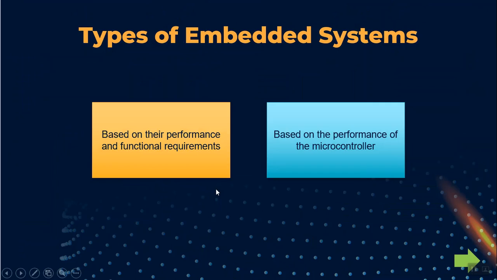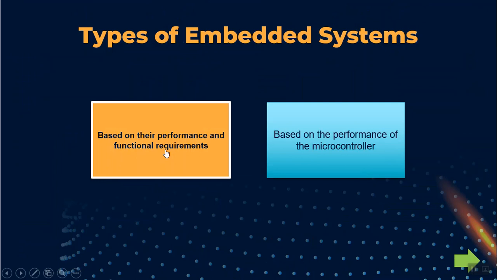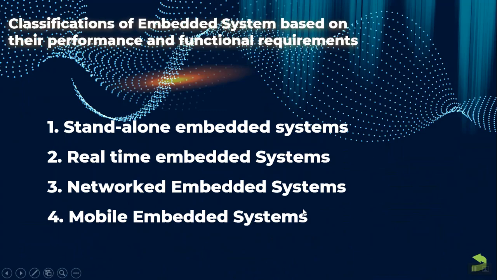In the classification based on performance and functional requirements, we have four classifications: standalone embedded systems, real-time embedded systems, network embedded systems, and mobile embedded systems.